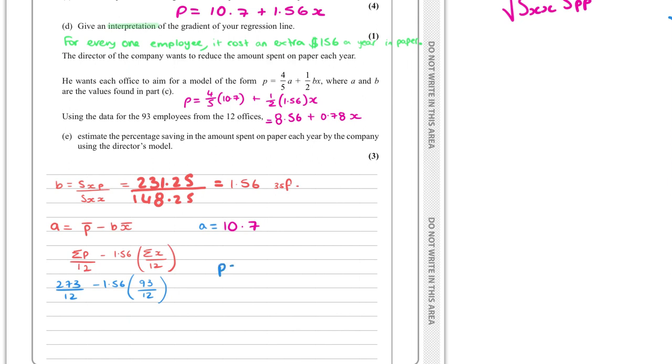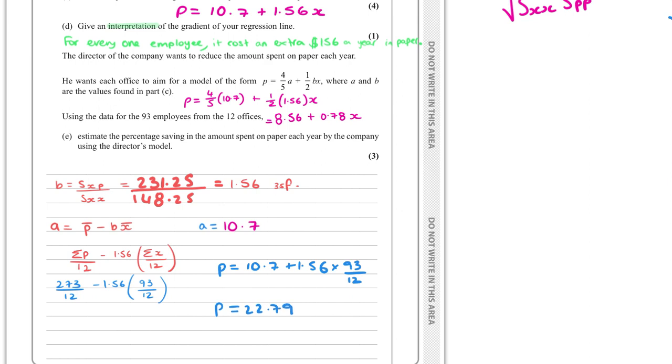So in the first model, we get P equals 10.7 plus 1.56 times 93 over 12. So in the first model, I get 22.79. Okay?